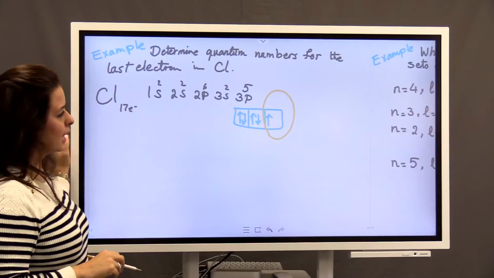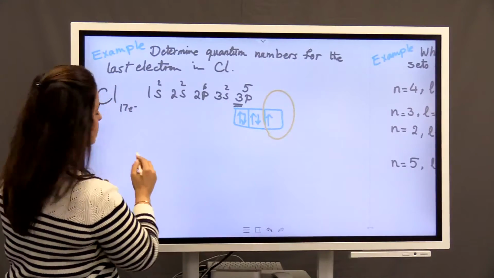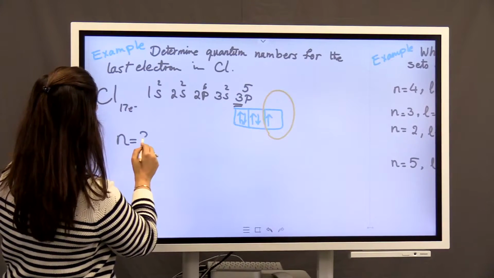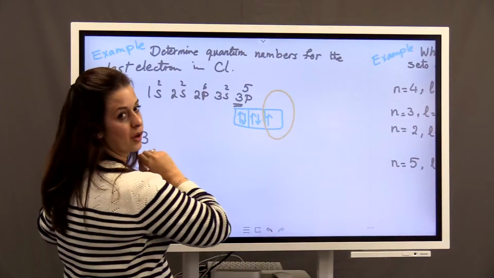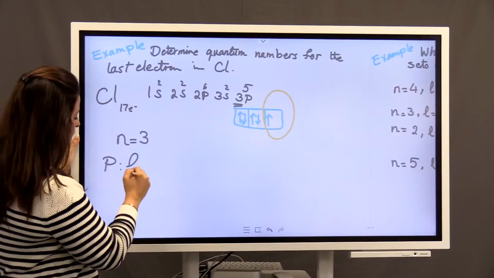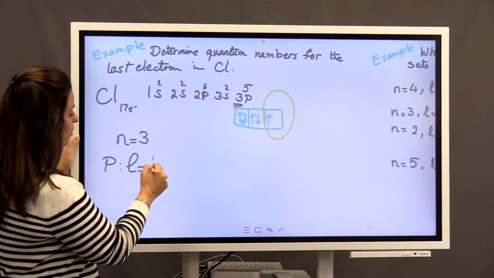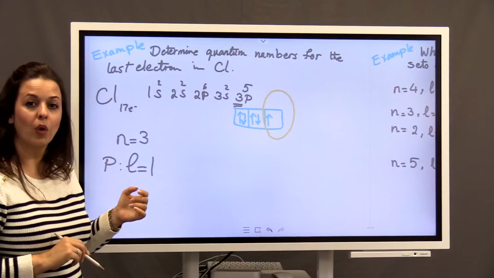Where is the electron? In the third energy level. Do you see it? So N is 3. In which orbital did you find the electron? In P, right? What is the assigned L for P? Wasn't it 1? So you already know N was 3, L is 1.